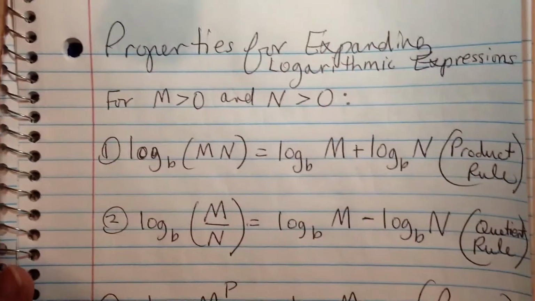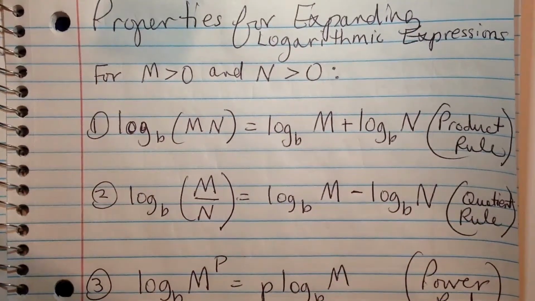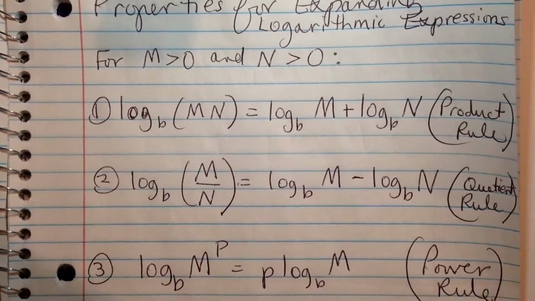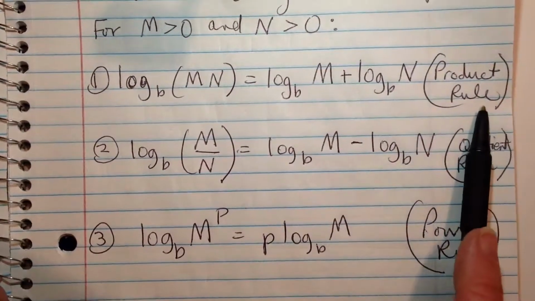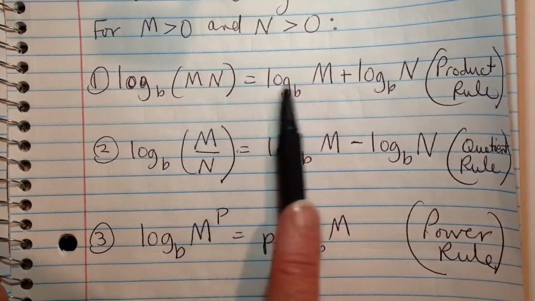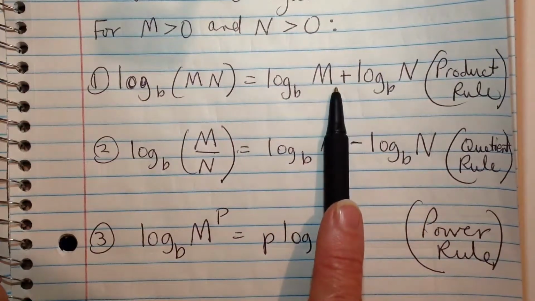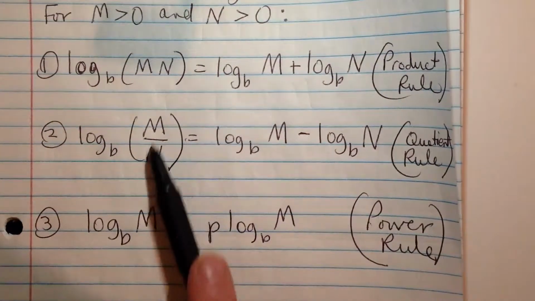So let's look at all 3 of these rules again. For our properties of expanding logarithmic expressions, for capital M greater than 0 and capital N greater than 0, we have our product rule first. Product meaning multiplied. When they're multiplied together, you split them apart and add. That's the sum. On the quotient rule, quotient means to divide.